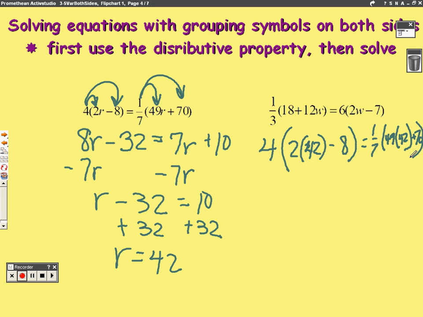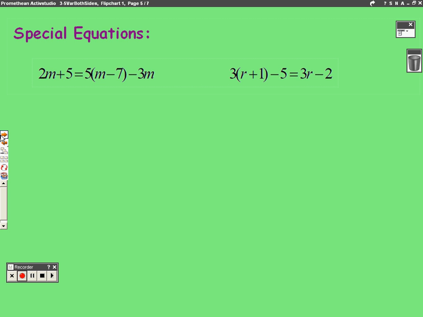Now there's two other problems that I want to share with you, okay? These are special equations because they end up with special solutions, okay? With this first problem, let's go ahead and work through it. What do I do first? Okay, so then it's 5m.